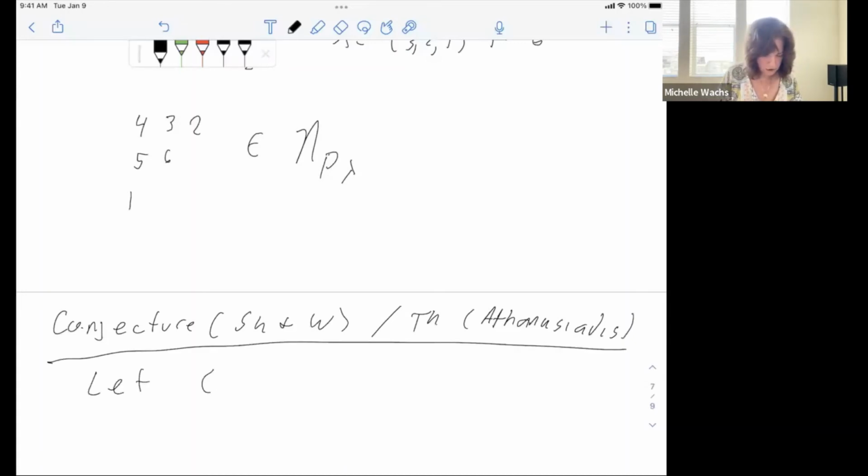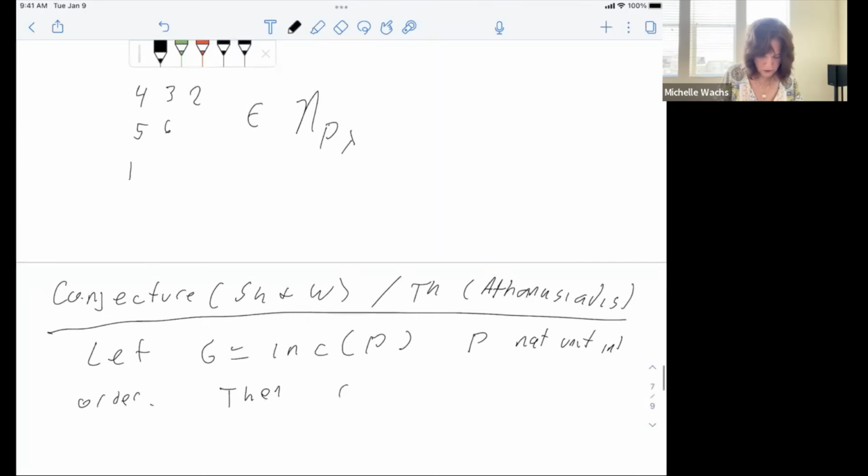Let G be the incomparability graph, and let lambda be a partition of n.